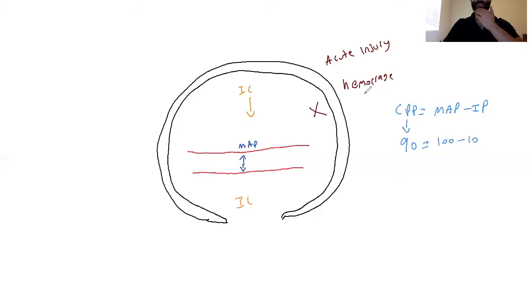But what's going to happen is that you are going to have the non-technical term called bleeding in the brain. Now what's developing is a mass. We call this mass, and this is a very important term, a space occupying lesion.